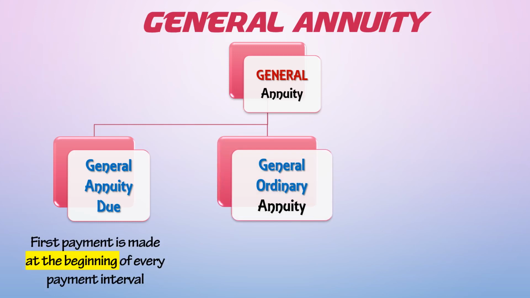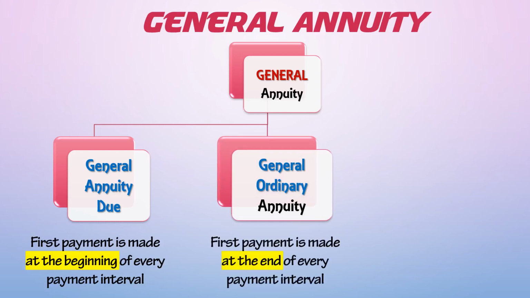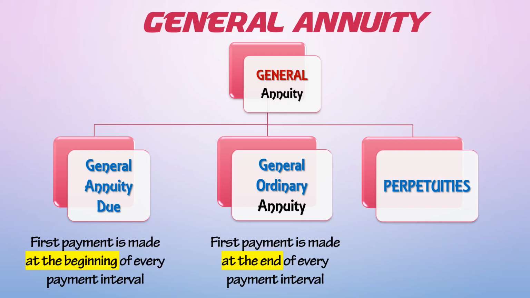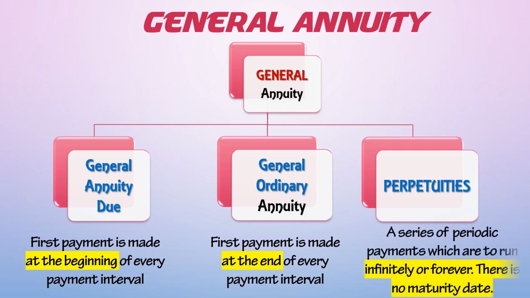While for general ordinary annuity, same with the simple ordinary annuity, the payment is made at the end of every payment interval. While the third type, which is perpetuities, is a series of periodic payments which are to run infinitely or forever. There is no maturity date. Examples of these are stocks, bonds, real estate, and other special businesses.